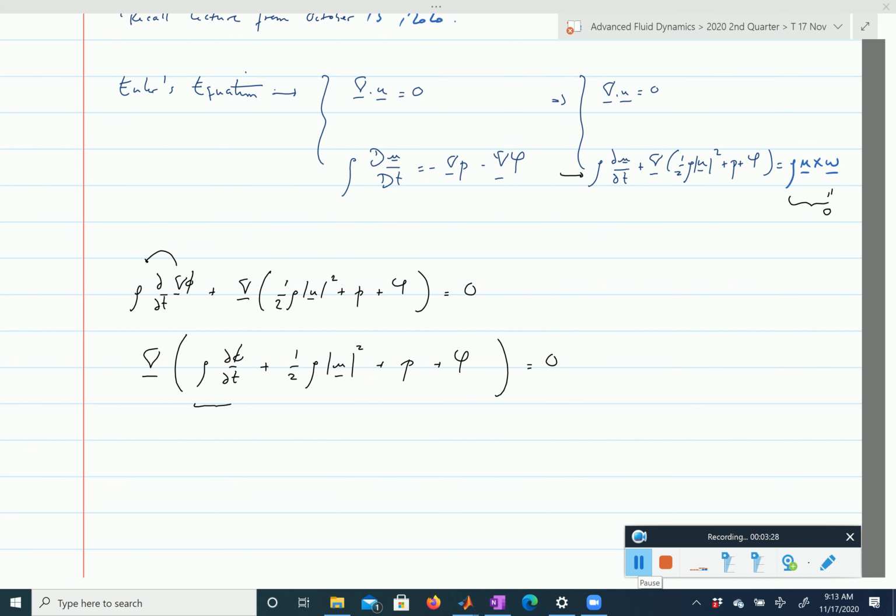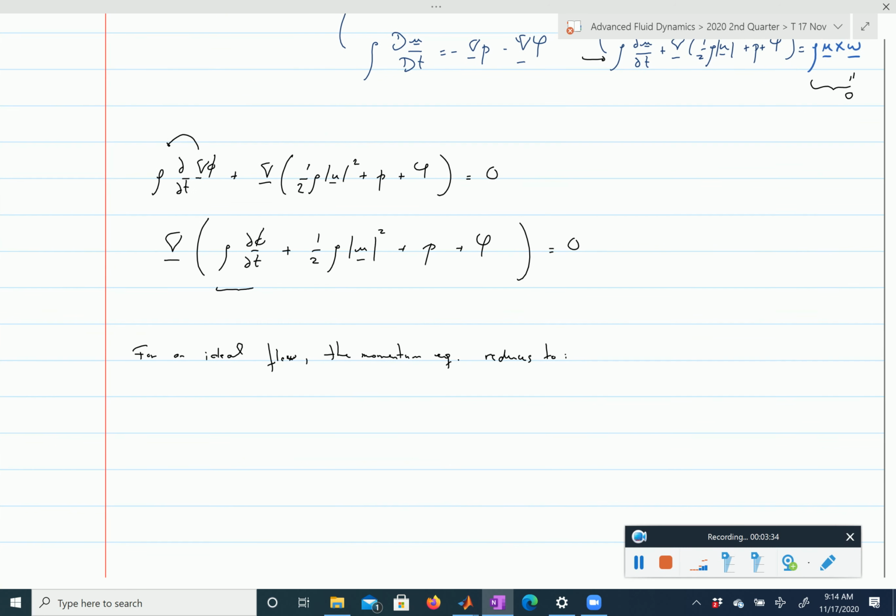So for an ideal flow, the momentum equation reduces to rho partial phi partial t plus 1/2 rho u squared plus the pressure plus the force potential is equal to a constant which is independent of the location. So this is true anywhere.